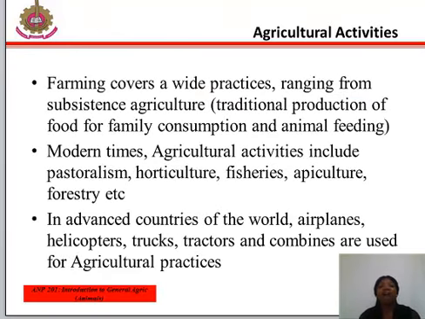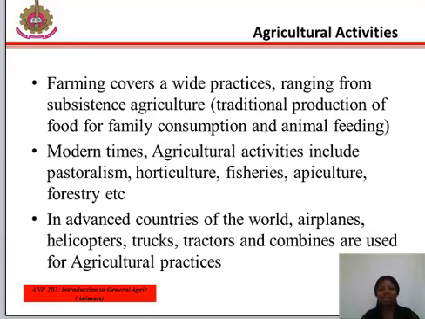So, agricultural activities. Farming covers a wide range of practices, from subsistence agriculture, that is the traditional production of food for family consumption and animal feed, to intensive agriculture, industrial agriculture, and farm mechanization. The objective of all these activities is to maximize financial income from grain, produce, or livestock.